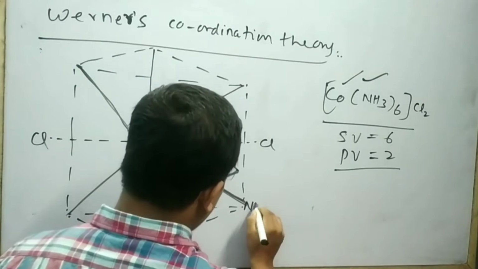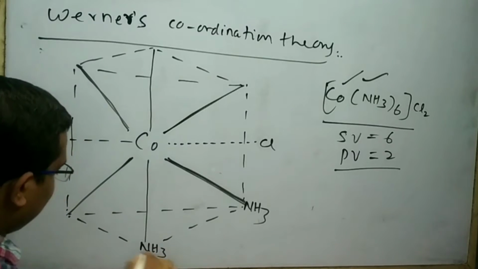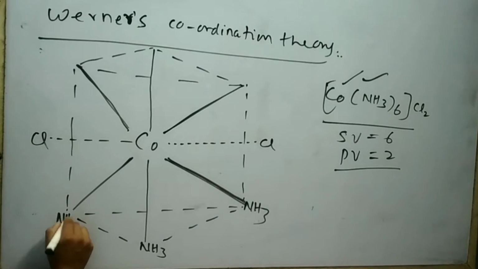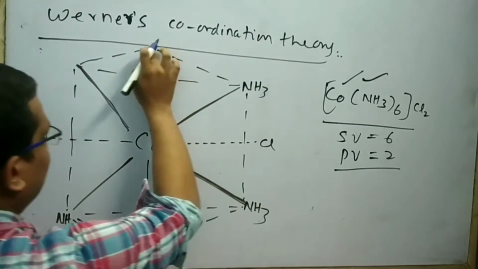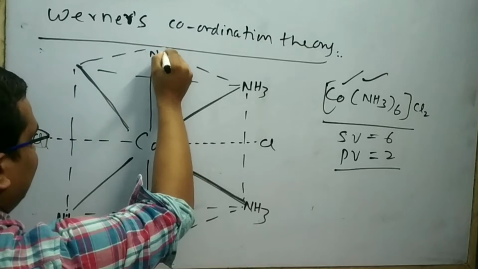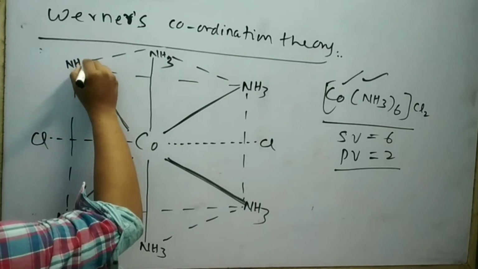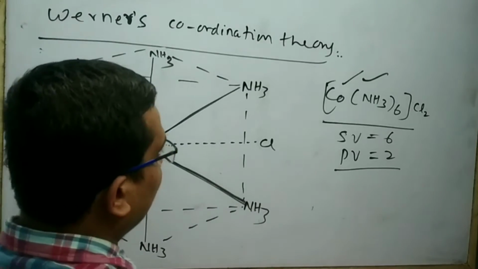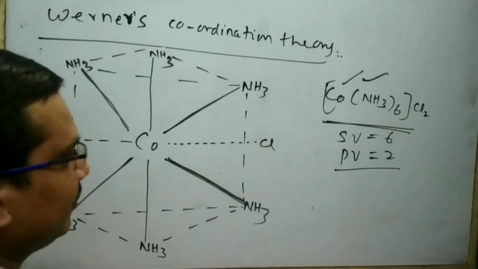So here I can write NH3, here also NH3, here also NH3, here also NH3, here also NH3, and here also NH3. This is the structure of this compound according to Werner's theory.